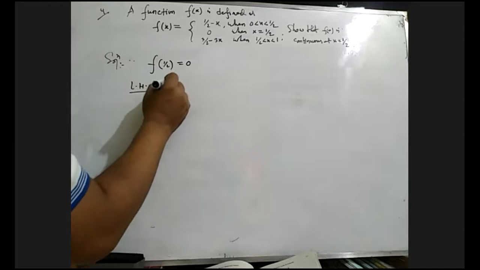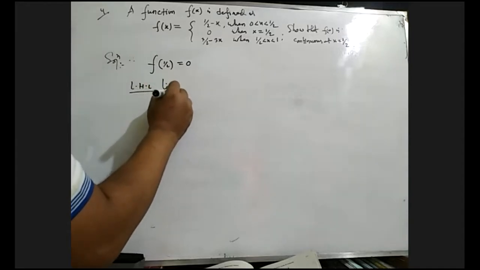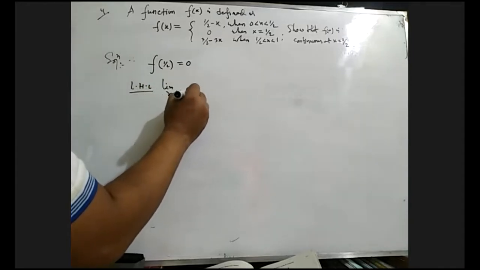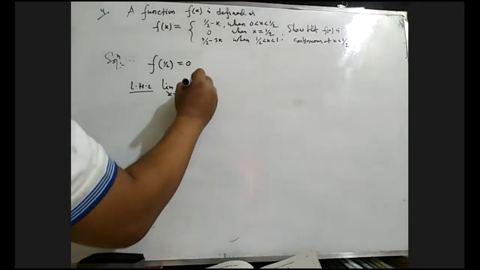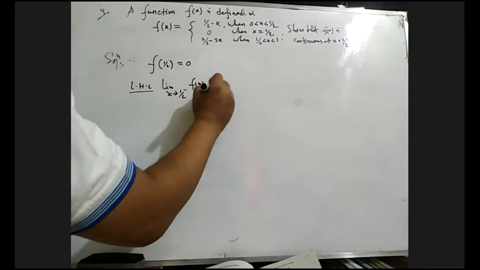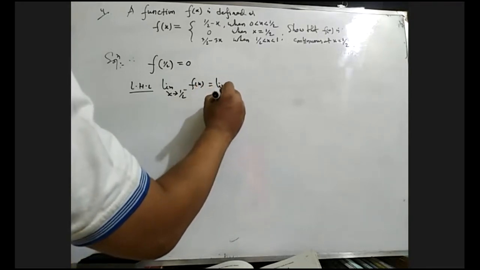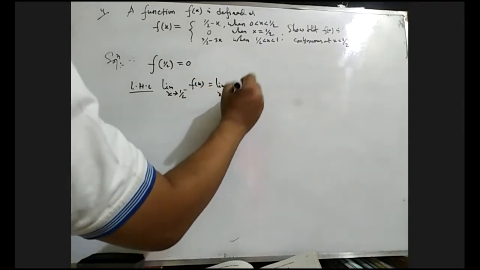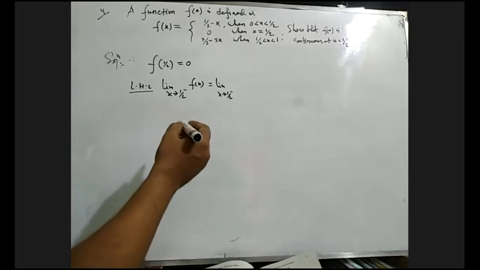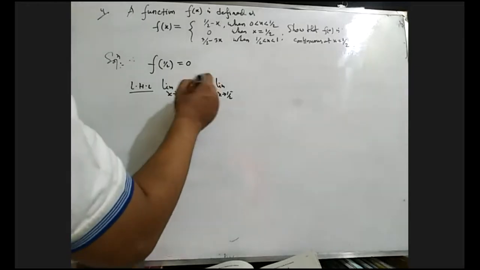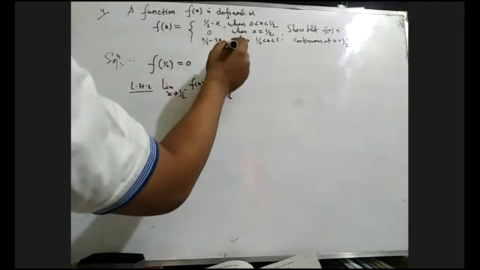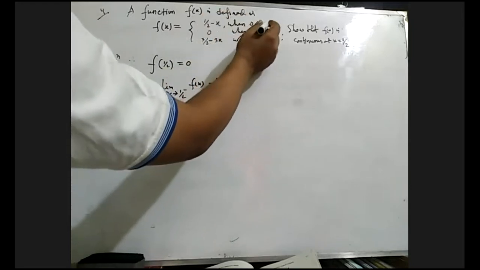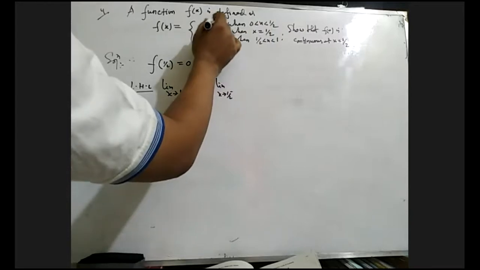Left hand limit. Limit x tends to half, that means x tends to a, A equals to half, f of x. In which function? X less than half. Which part of this function? This is the piecewise function. So x less than half, which part?